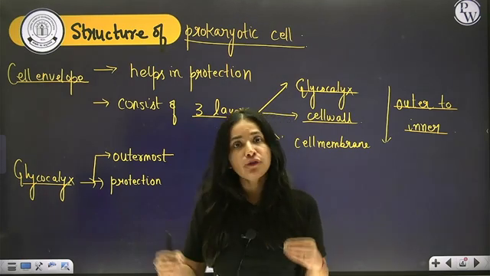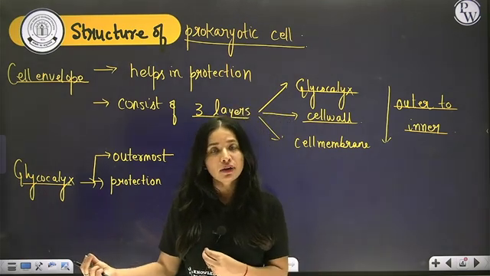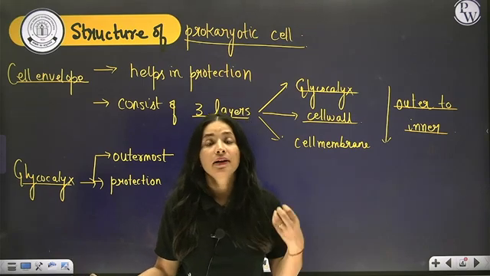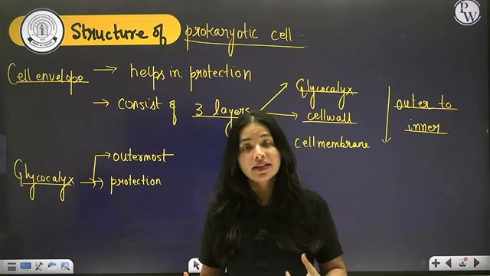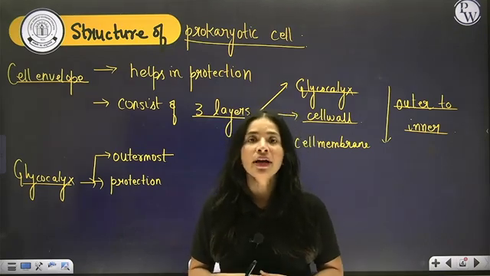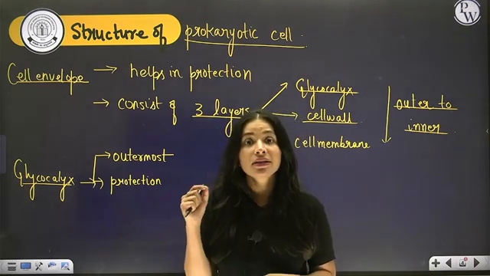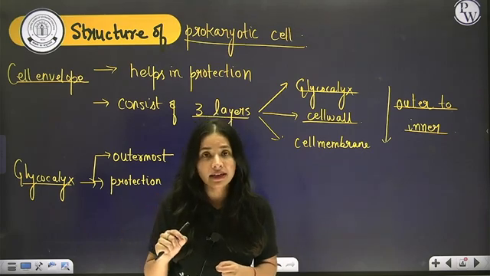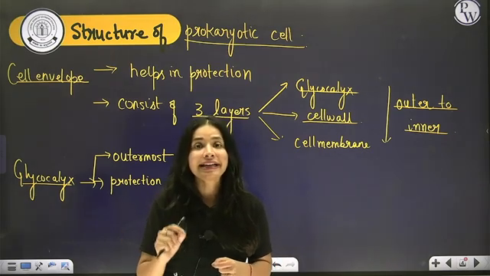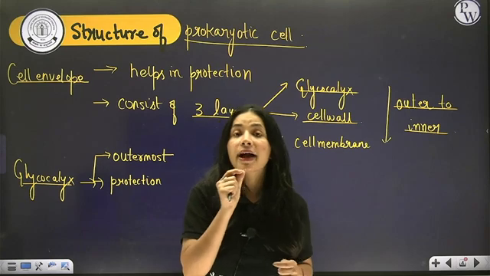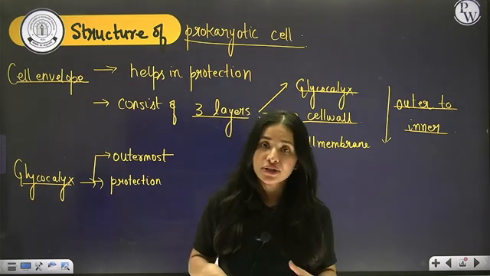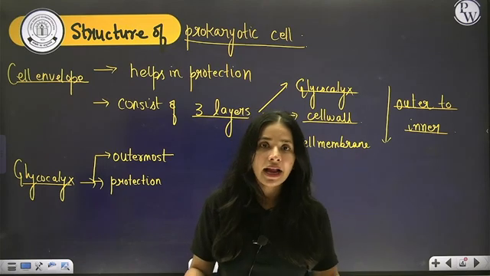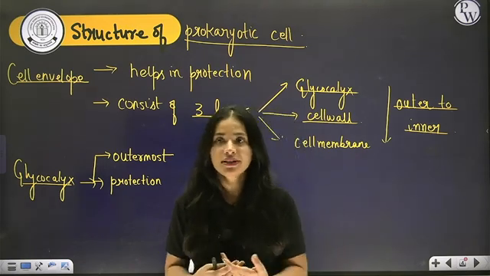However, if glycocalyx is present in the form of capsule, then it protects the cell from the host immune system. Why? Because the capsulated bacteria is not recognized by the host system. As a result, it persists in the system, multiplies and causes disease.